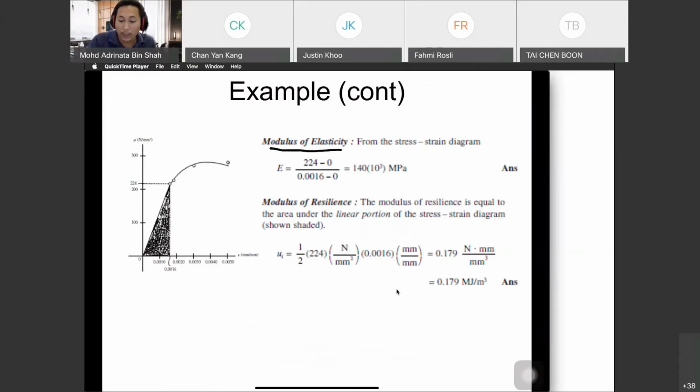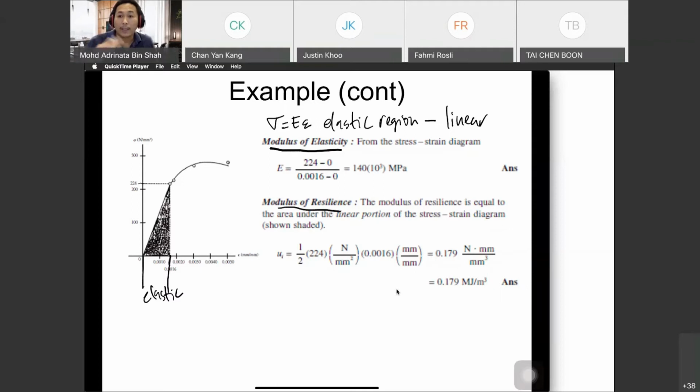This is sigma is equals to E strain, which is in elastic region. Elastic region is the linear line in the elastic region. Okay, then we calculate our E, and then we calculate our modulus of resilience, which is the area under the elastic region. So we calculate that one.